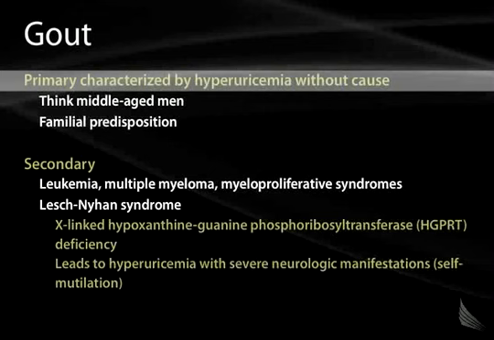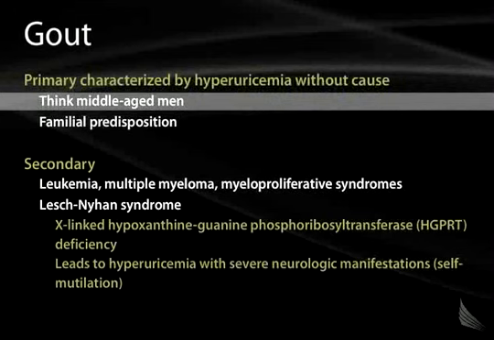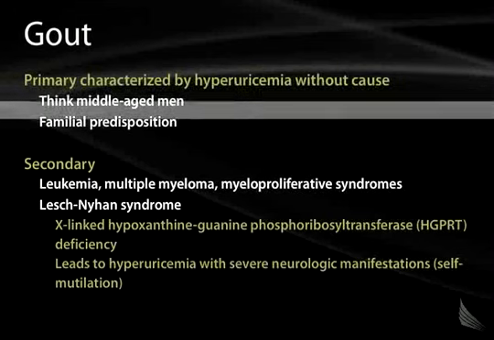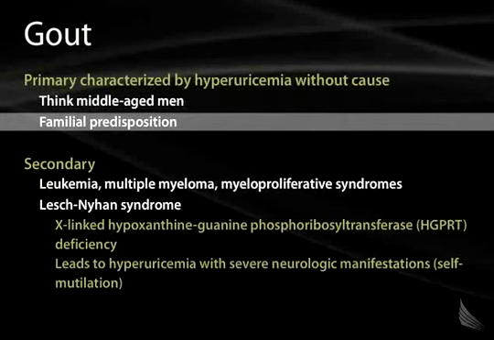Think about gout, however, if you're dealing with a great toe joint that has pain, swelling, and redness that is occurring in a middle-aged man who may describe a family history of having other relatives who are affected by gout. Secondary causes of gout can be due to hyperuricemia resulting from a variety of disorders.